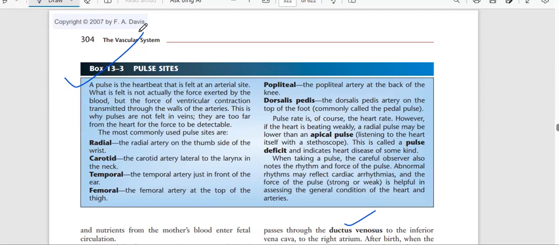These are the metacarpals. So the wrist is there, and here we have the radial pulse. This is important in electrohomeopathy as well as acupuncture. In both we have pulse diagnosis.